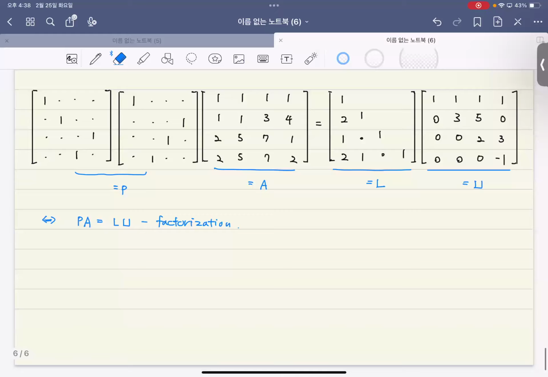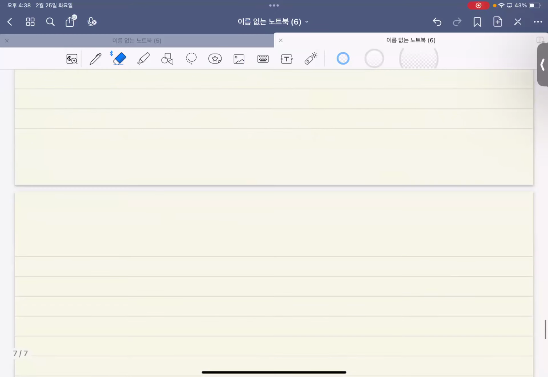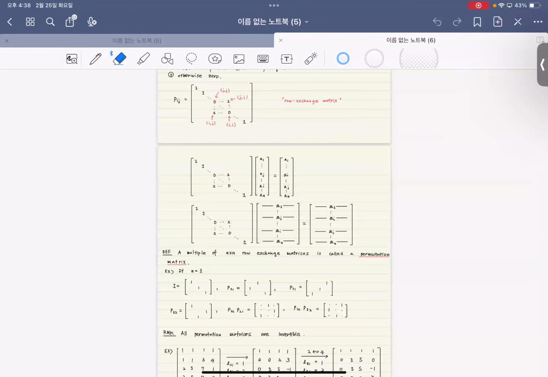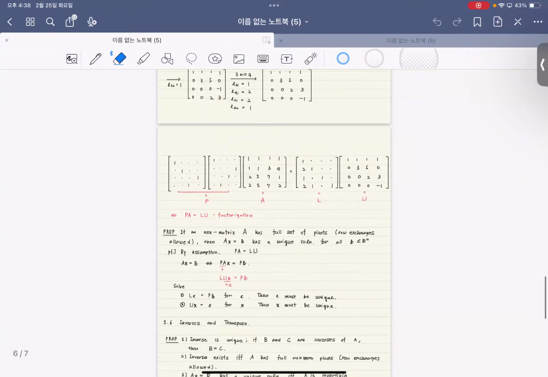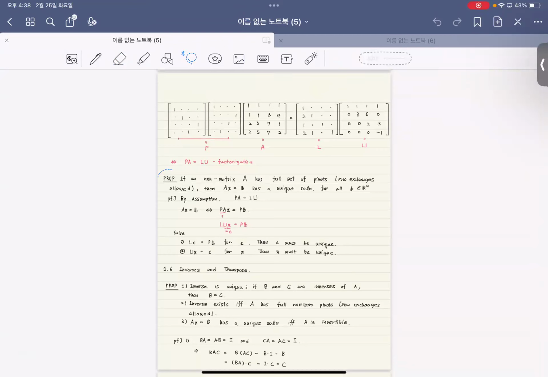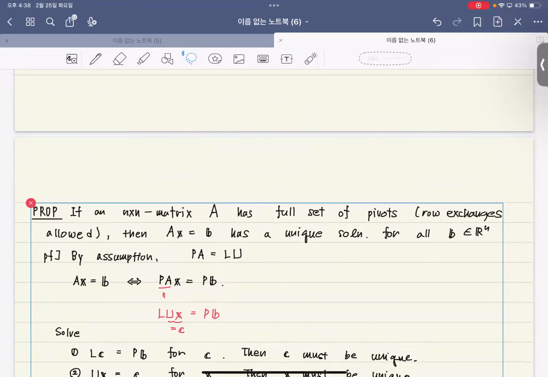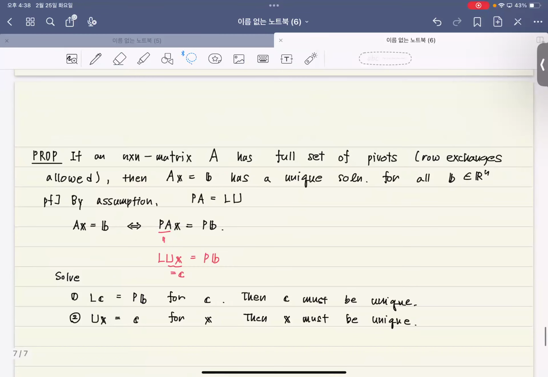Okay, good. I am running out of time, but I still have some more time. I have a square matrix A, and suppose that it has a full set of pivots.